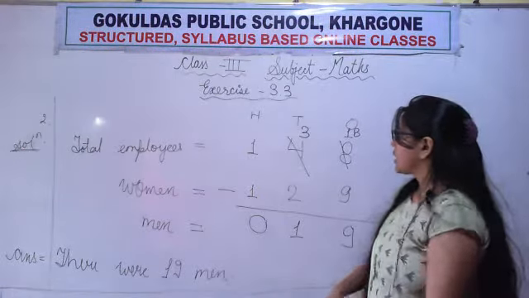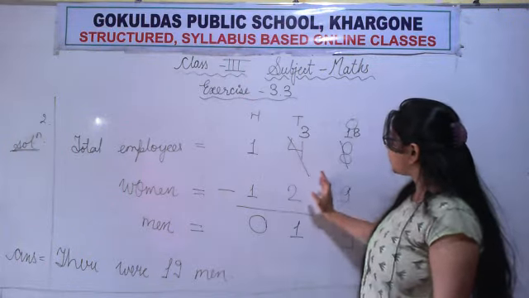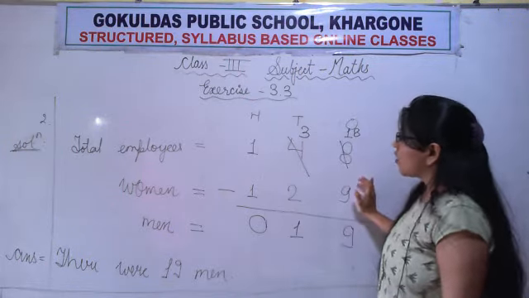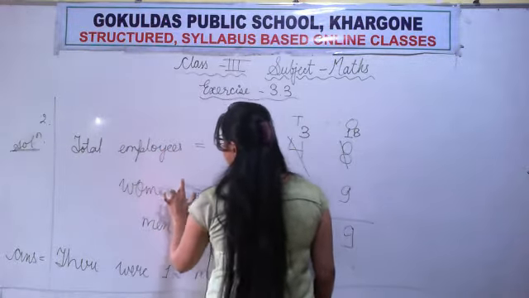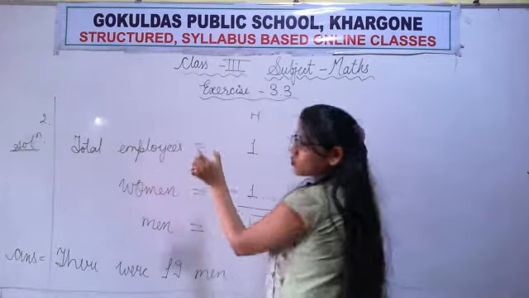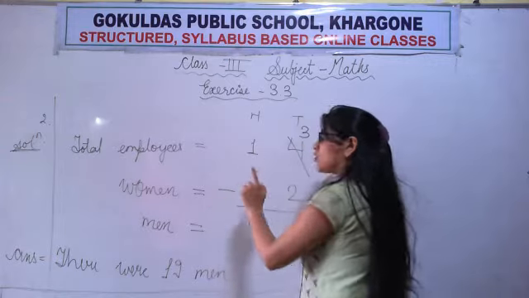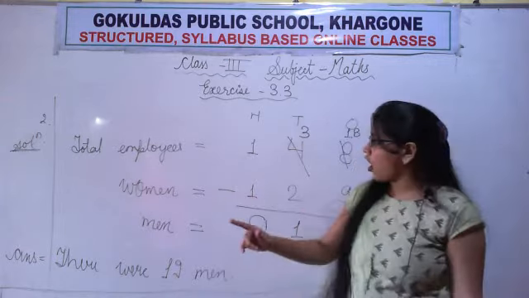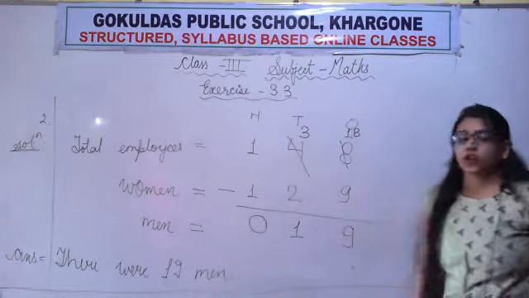Okay, and remember, write hundreds below hundreds, tens below tens, and ones below ones. If you are writing, stop writing in one box, then you have to put this equals to in a different box, and this minus sign is also in a different box. Do not put two signs in one box. Okay, note it down.